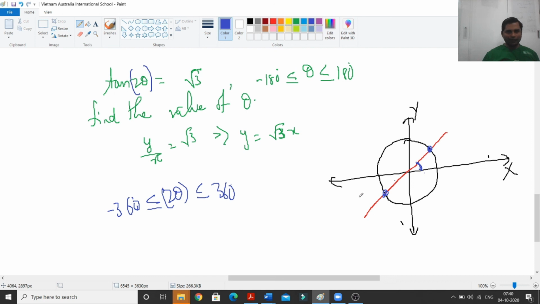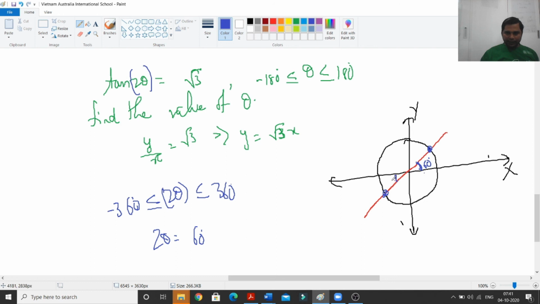So we'll get four values of 2 theta. So first value we can find out using the calculator. So shift tan, it will give you tan inverse, and tan inverse of root 3 you will get 60 degrees, right? So 2 theta is equal to 60 degrees. So one value we got 60.